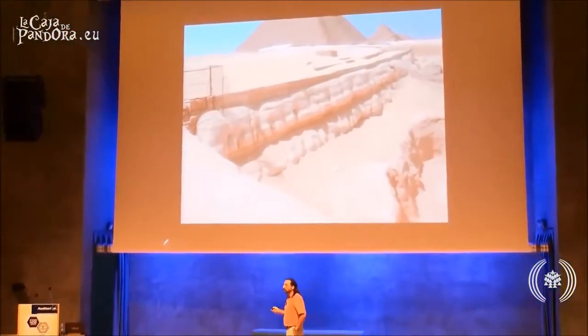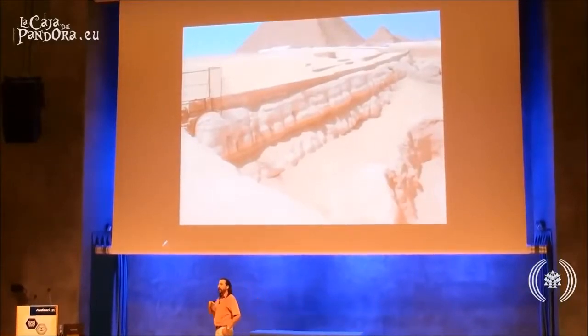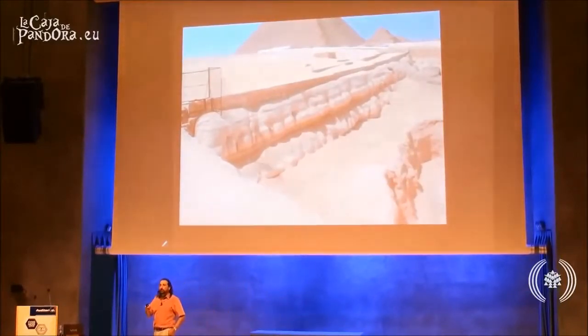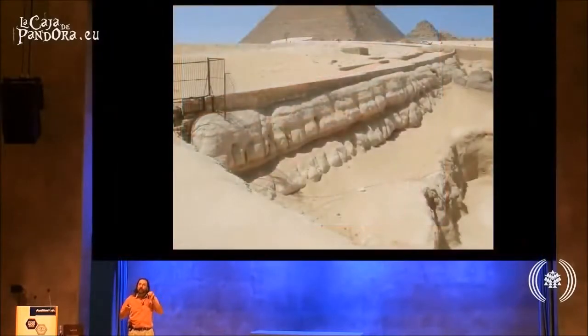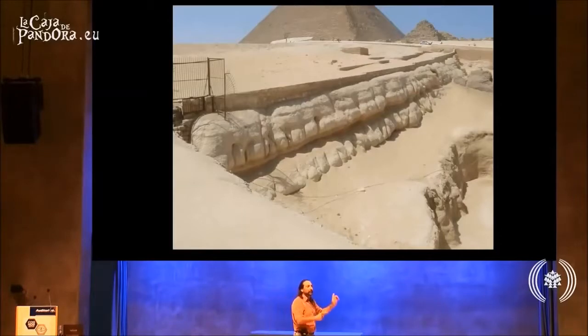And water erosion of this kind could not have happened in Egypt since 10 to 12,000 years ago. So now you don't have 5,000 years ago Egyptians going around with 200-ton blocks. You have people going around with 200-ton blocks 10 to 12,000 years ago.